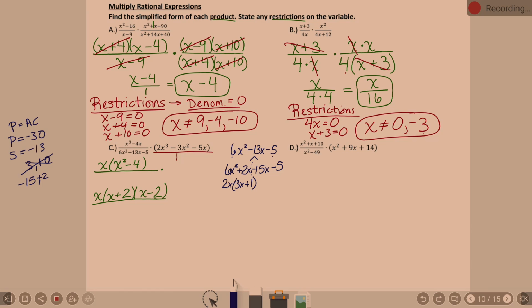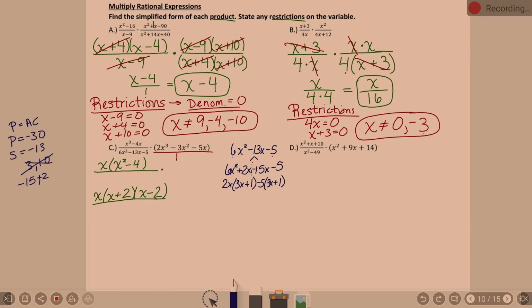Okay? Negative 15x minus 5. They both have a 5 in common. Specifically, since that first one's negative, make it negative 5. If you factor out negative 5, negative 15x divided by negative 5 is 3x. Minus 5 divided by minus 5 is plus 1.